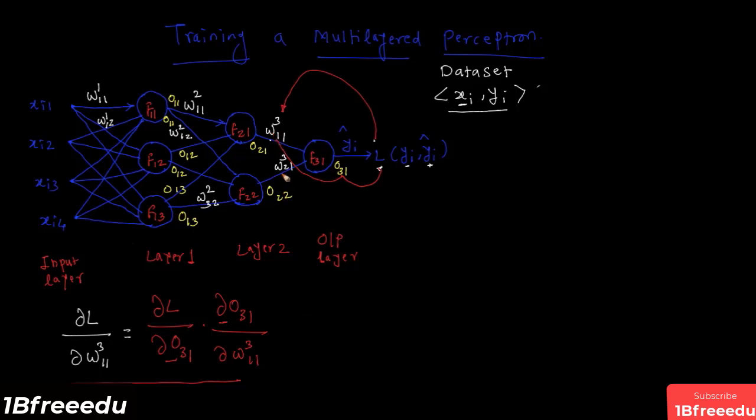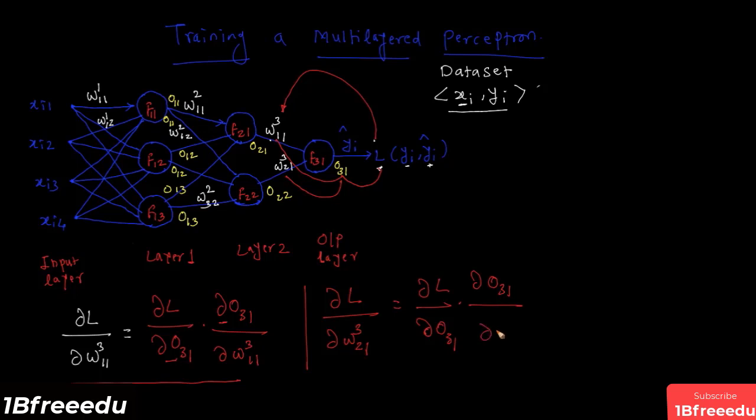Similarly, I can compute the derivative of this, right? So let me do it quickly. Derivative of loss with respect to W321 is equal to derivative of loss with respect to O31, and then derivative of O31 with respect to W321.